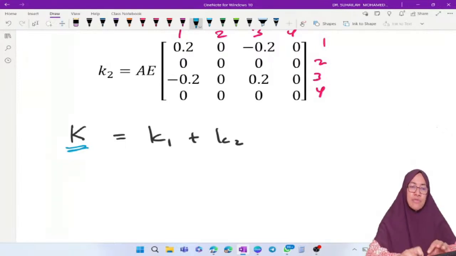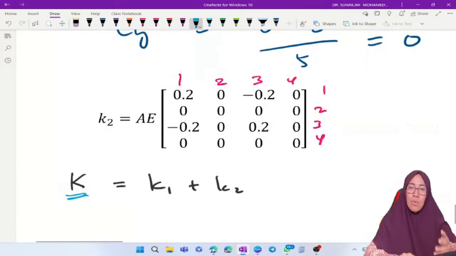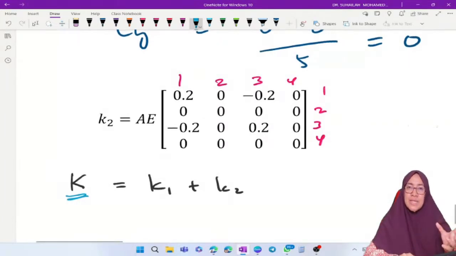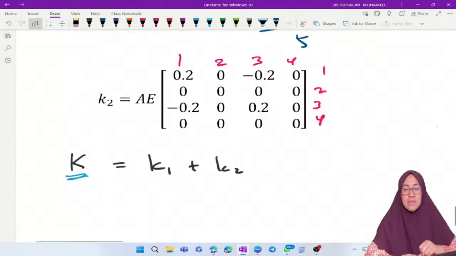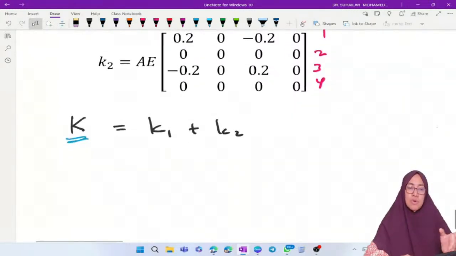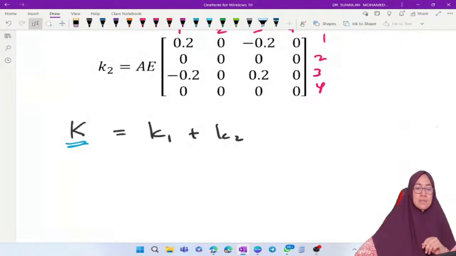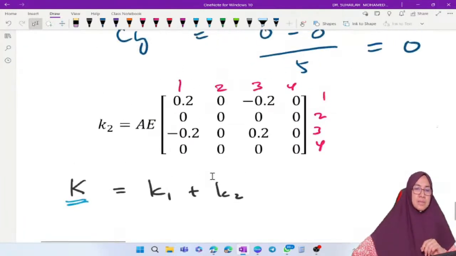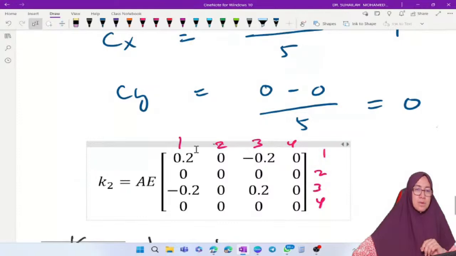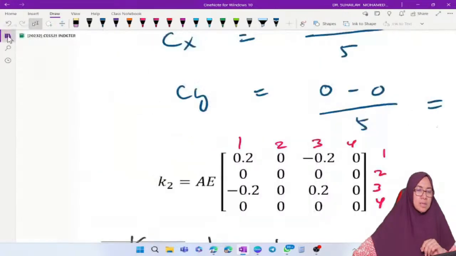And the degrees of freedom which we label in K1 and K2 actually represent the position in the structure stiffness matrix. Okay, so we will produce K from 1, 1 until 6, 6. Okay, let's do it together.